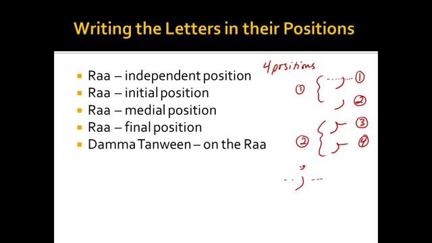And then we write 2 Dammas on top of it. Run. And it's pronounced like this. Run. And this is, again, independent and initial positions. Now, in the medial and final position, the Ra again looks like this. And with the Damma Tanween, it looks like that. And if this is our line, it looks like that. Run.